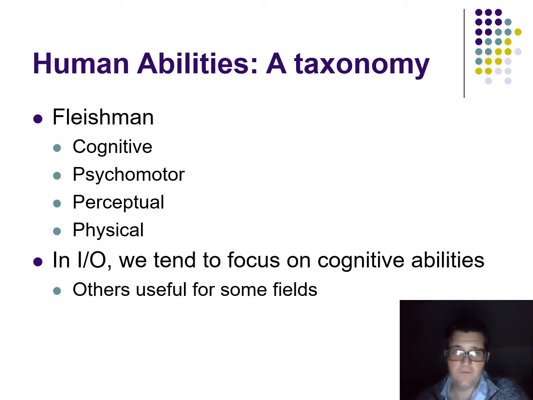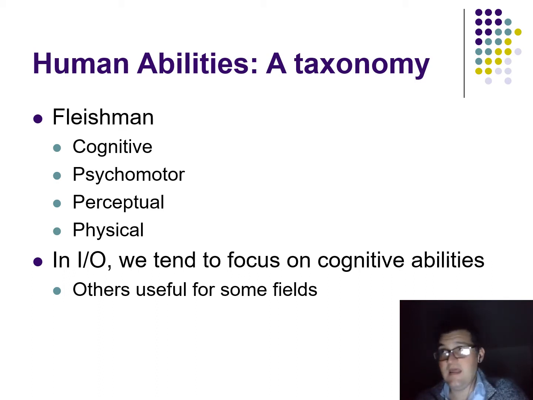So Fleischmann broke up human abilities into this kind of taxonomy: cognitive, psychomotor, which is very much about your ability to manipulate your body, like manual dexterity, fine motor skills, those sorts of things. Perceptual abilities.